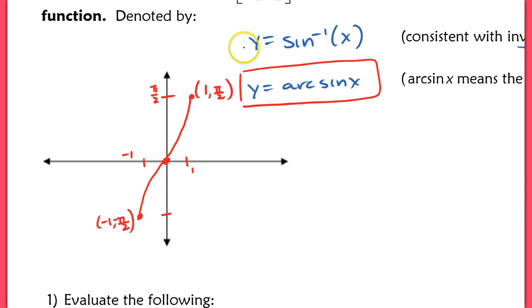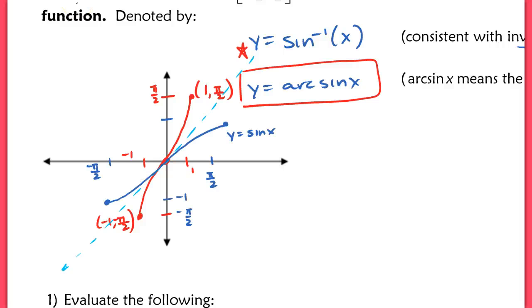These are the same thing, just different notation. Really, this is a reflection over the line y equals x of your sine curve, where it's restricted between negative pi over 2 and pi over 2. So let me try to graph this nicely for you. In blue here you can see I try my best to show the sine of x.